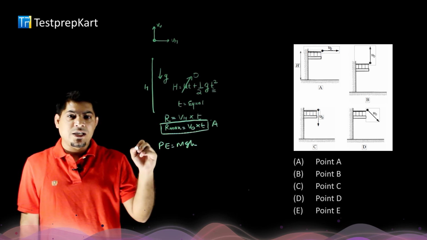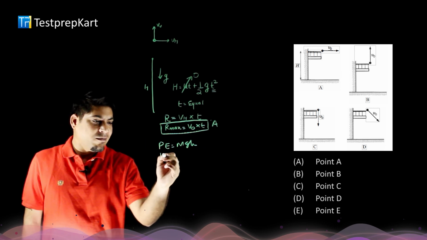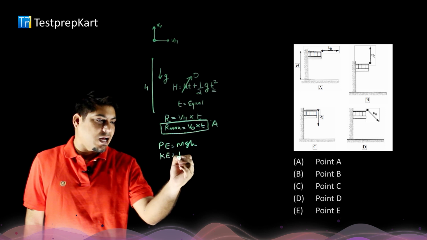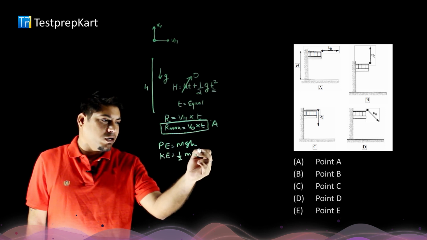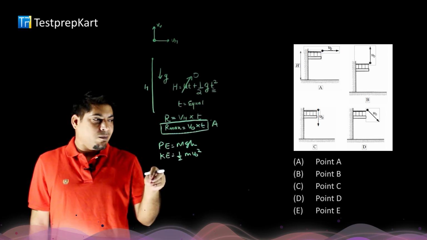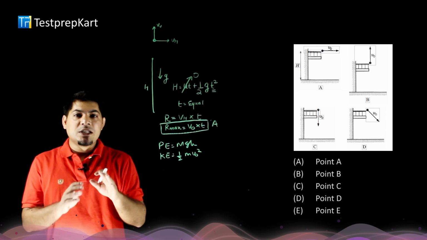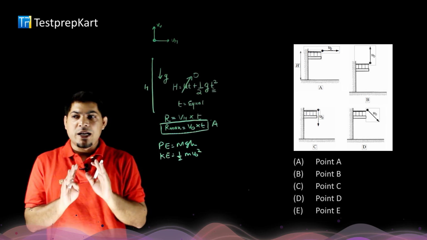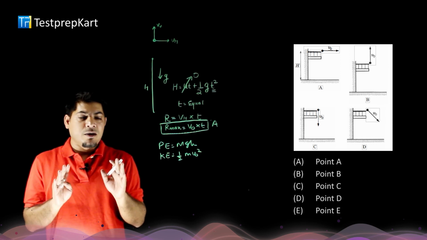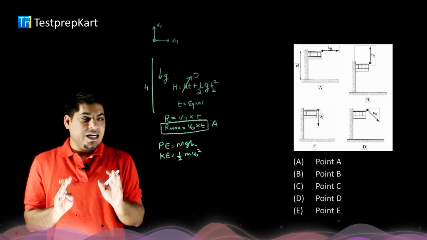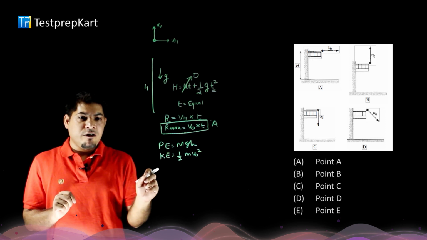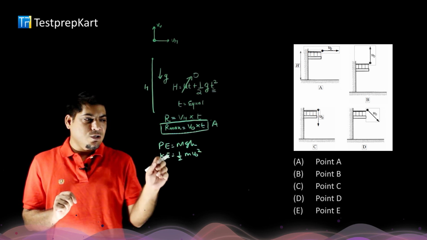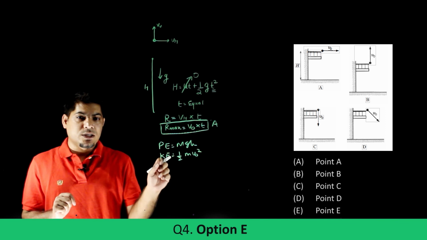Each object has the same speed, so they have equal kinetic energy, that is half m v0 square. And when the ball hits the ground, there will be the same amount of loss in potential energy, so the kinetic energy of each object will be the same. Okay, that's why the speed of every object will be the same. So choice E is correct for question number 4.